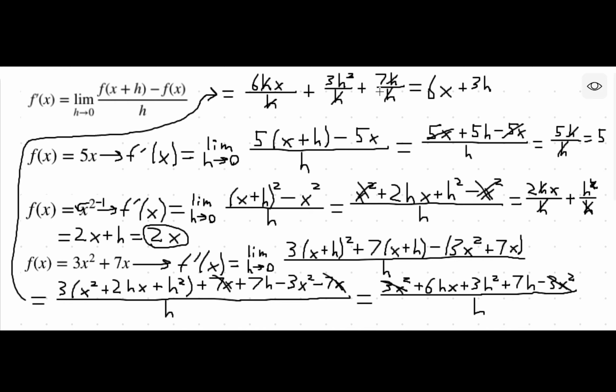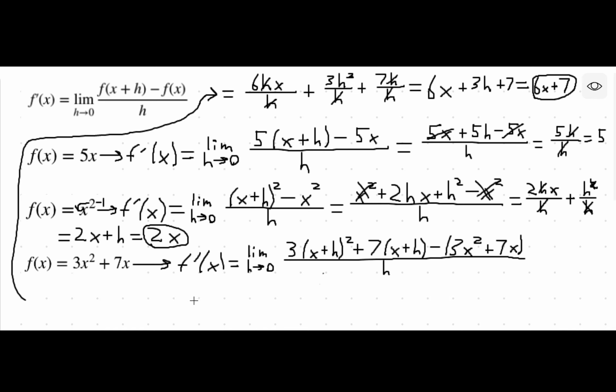And then for the last term, I have a plus 7. So I don't have a division by h, so now I can plug in h equals 0. So if I do that, I'm going to have 6x plus 7 as my final answer. So my derivative that I calculate using the formal definition of a derivative is going to be 6x plus 7.